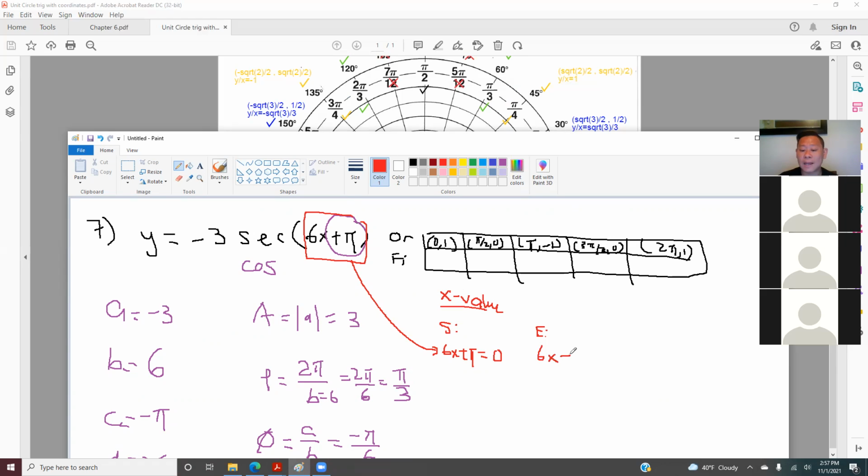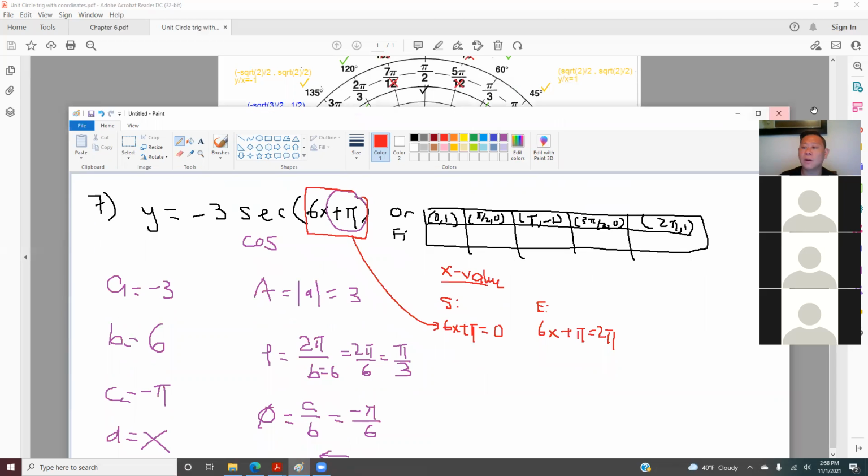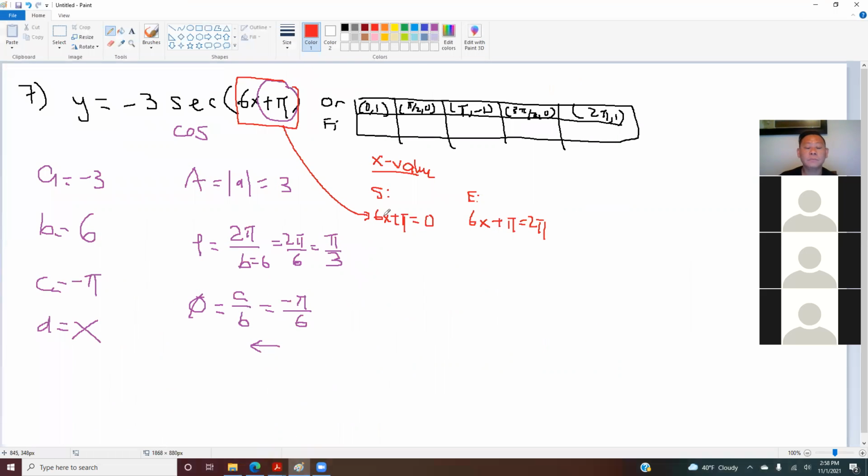And then you take 6x plus pi, you make it equal to 2 pi because that is where it ends. So for sine and cosine, same thing with secant and cosecant. Your cycle starts at 0 and it ends at 2 pi. So when you solve for x, can someone help me solve for x here? Move your pi over, so you get 6x equals negative pi. So divide by 6, x is what?